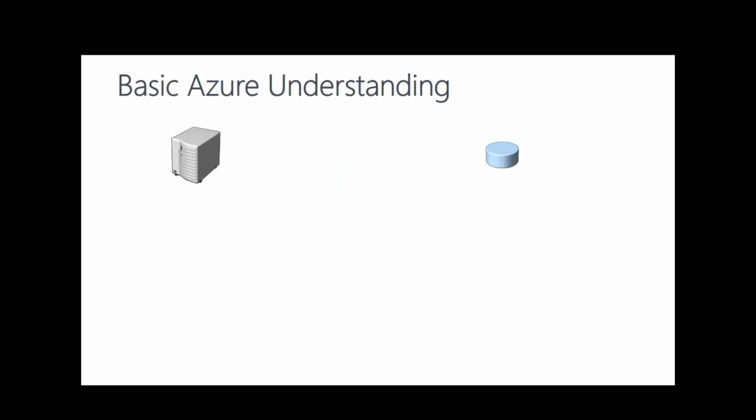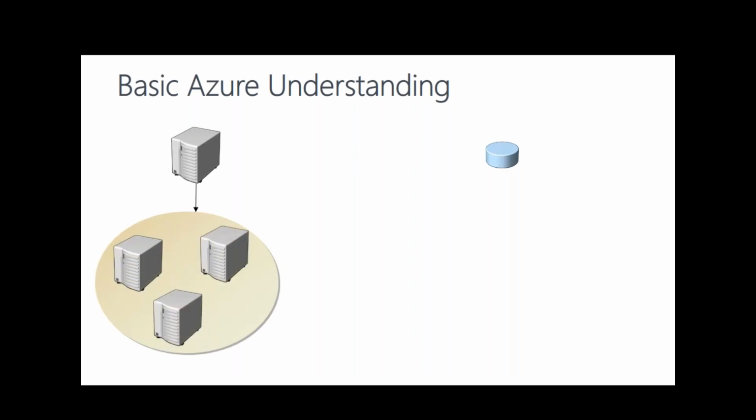Understanding how Azure implements their infrastructure: logically, you are going to see one server, or one virtual machine. Under the scenes, what actually backs up this logical virtual machine are 3 virtual machines.